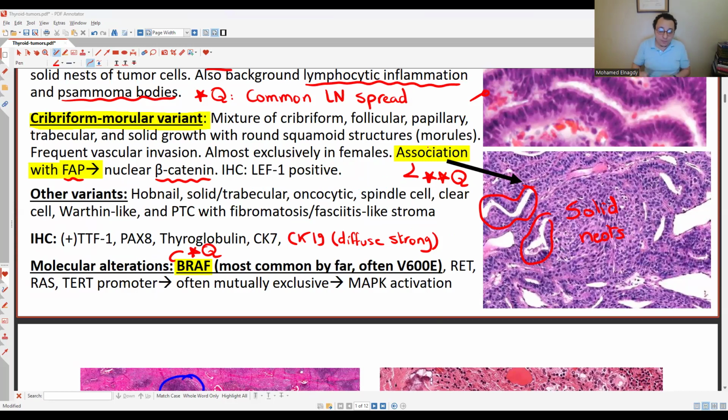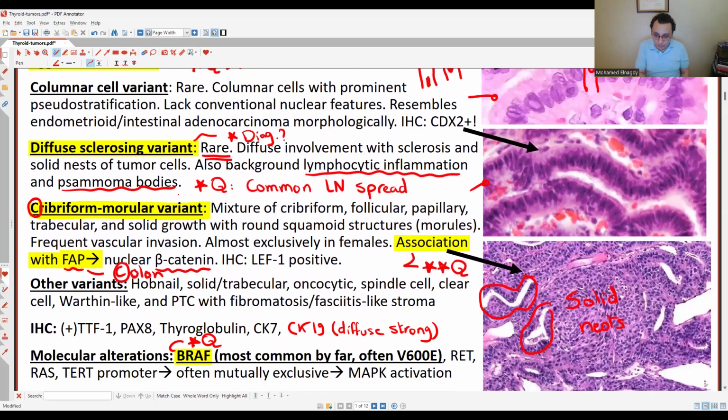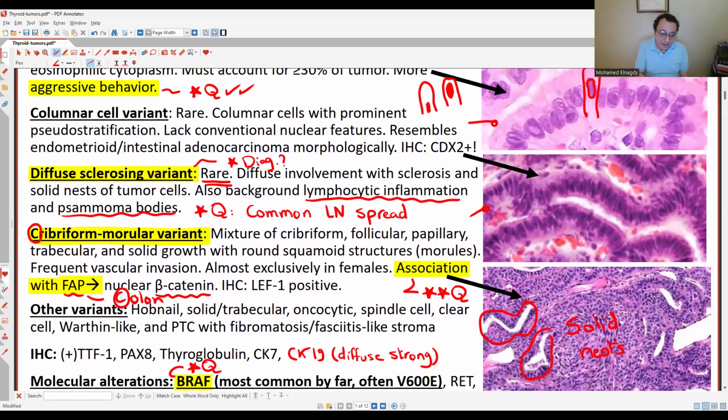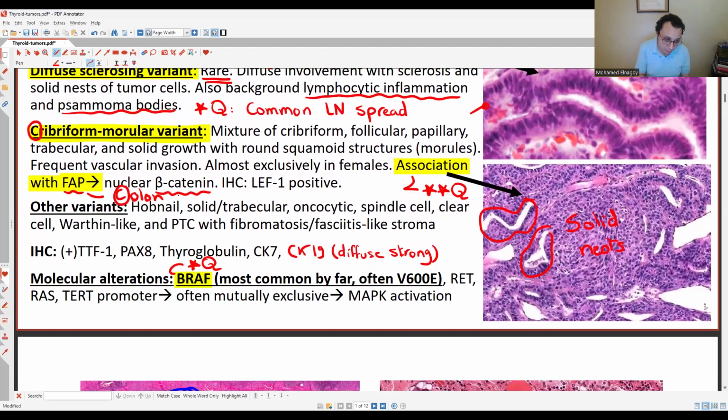Yeah, colonic polyps or familial adenomatous polyposis. That's why I say the cribriform variant is associated with the same gene which leads to colon polyps, like C with a C, cribriform, colon, FAP, familial adenomatous polyposis coli.